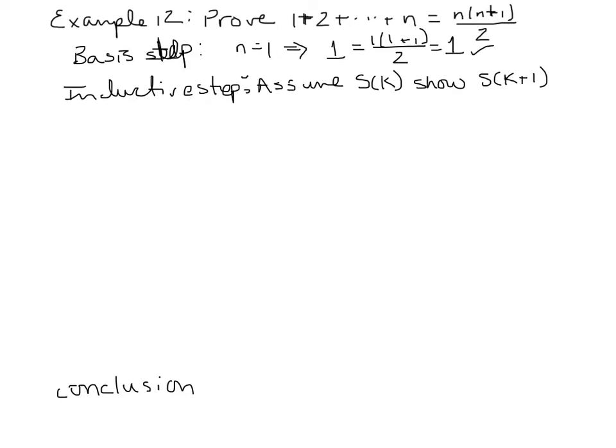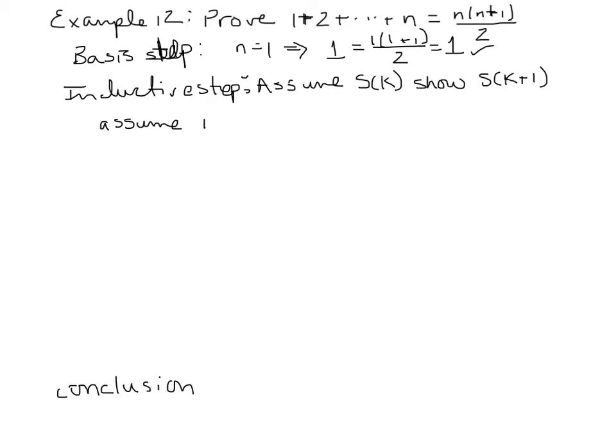So it works for the next one. If we reach k, then we can go one more and reach k plus 1 with whatever we're trying to prove. So first we assume that what we were trying to prove works when we hit the kth number. Instead of n, we're going to have the kth number.